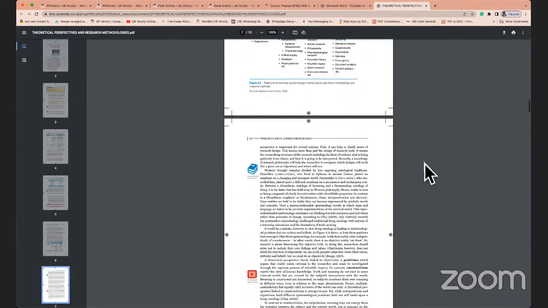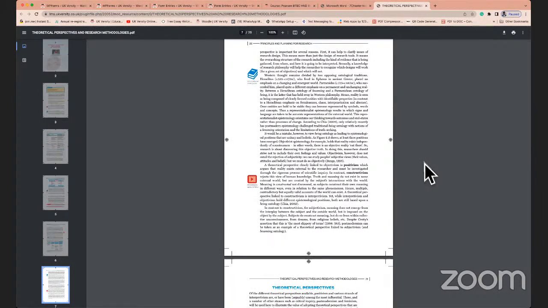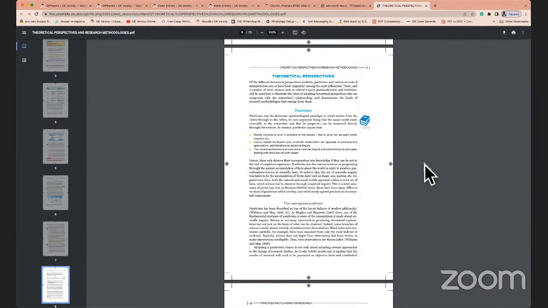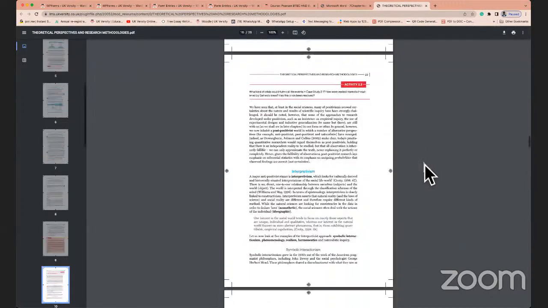This part is briefly explained, but very clearly explained, in terms of developing the knowledge of how to choose the research methodology and the method through which you're going to collect the data.